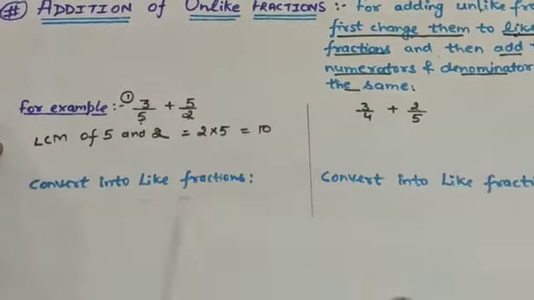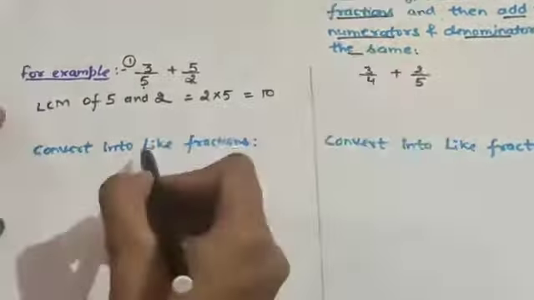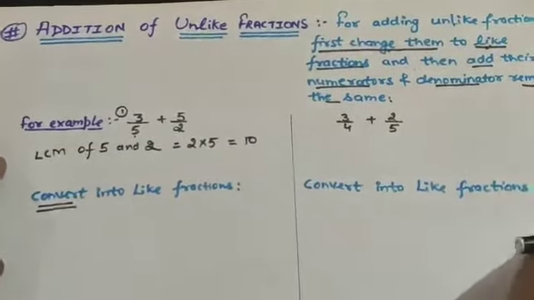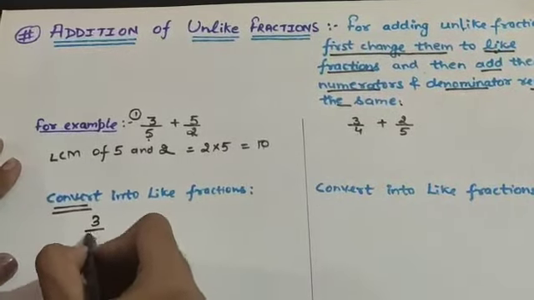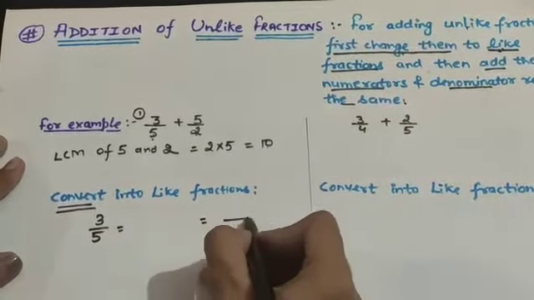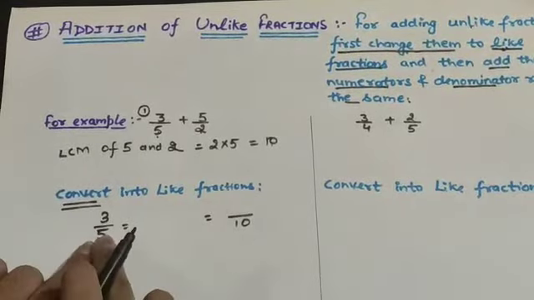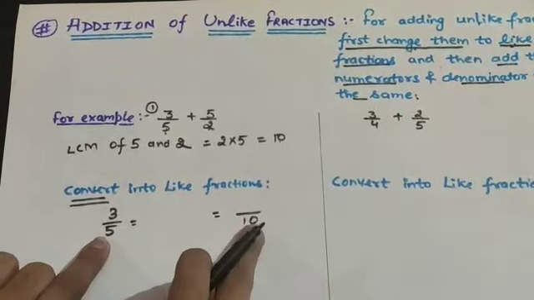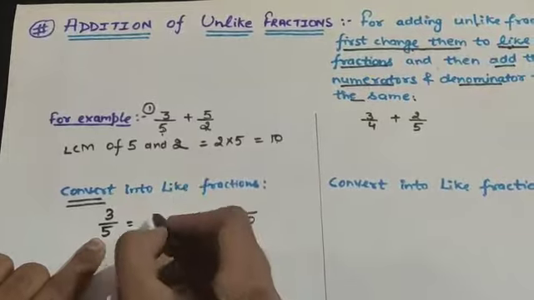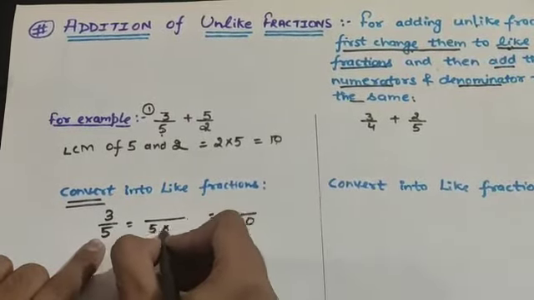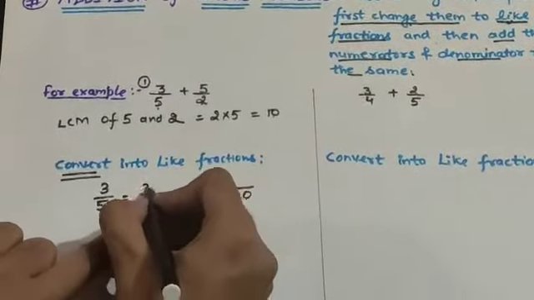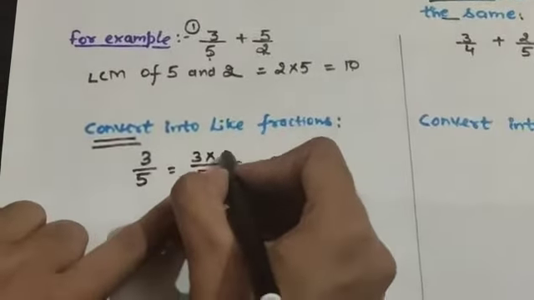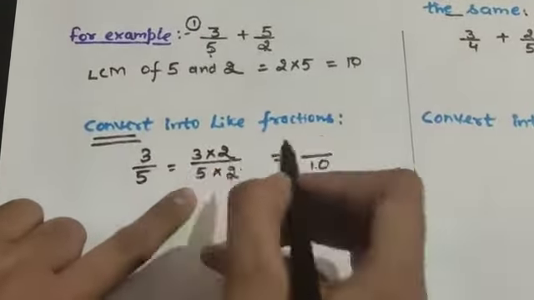Now we have to convert them into like fractions. How will we convert them? We have to make the denominator 10, but the denominator given is 5. So for making the denominator 10, we multiply the denominator by 2, that is 5 2s are 10. Now if I am multiplying the denominator, I have to multiply the numerator too, so that the two fractions are equivalent fractions.